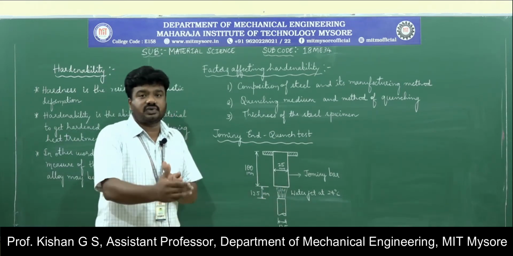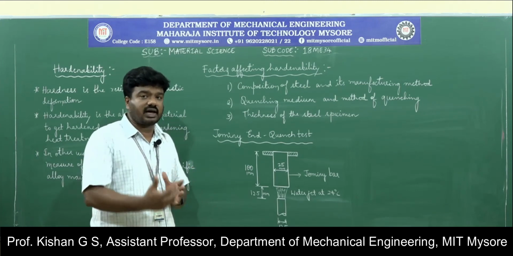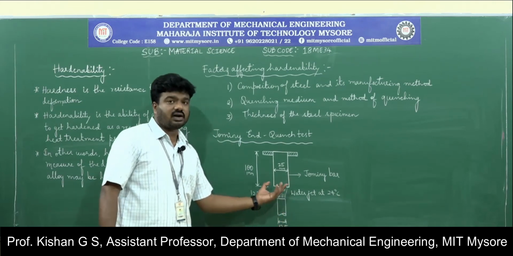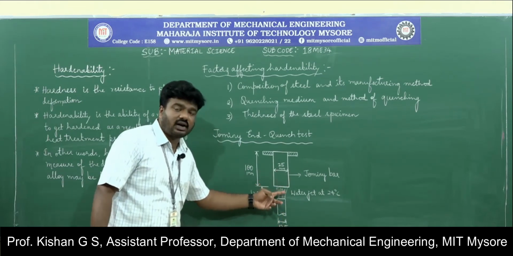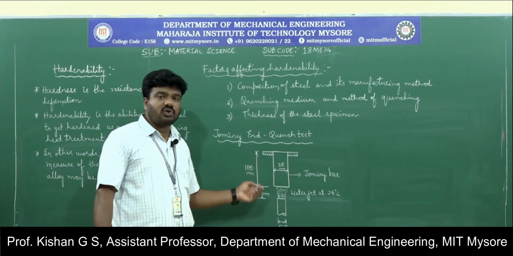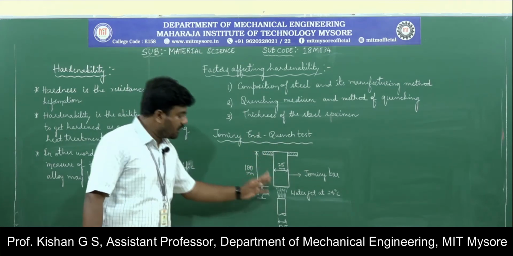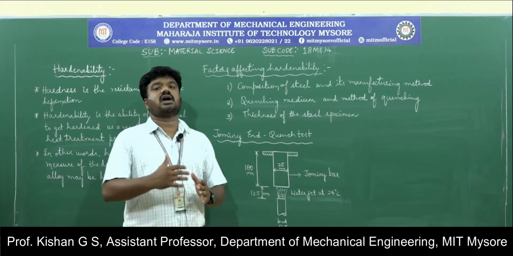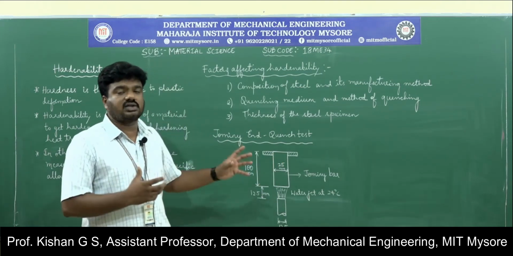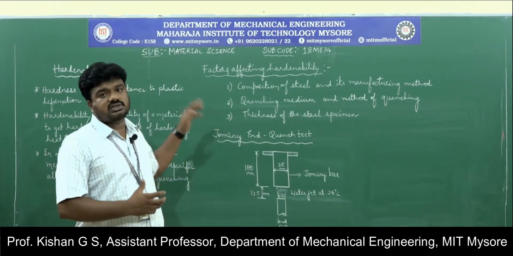Over a period of time, this process of hitting the water jet onto the Jominy bar leads to quenching from one end to the other end. Thereby this is one more method of quenching, wherein to a particular depth you increase the hardness, and the depth of that hardness is measured, and that is called hardenability.